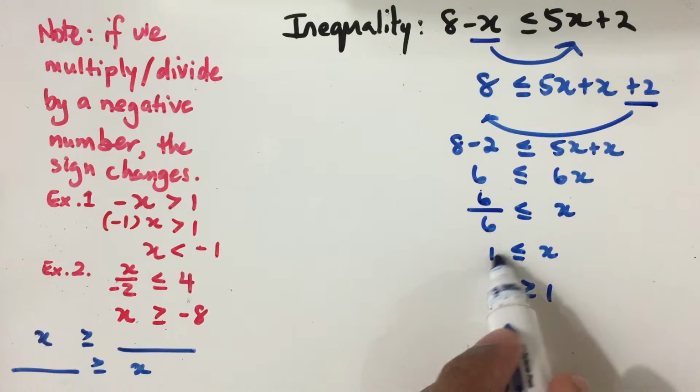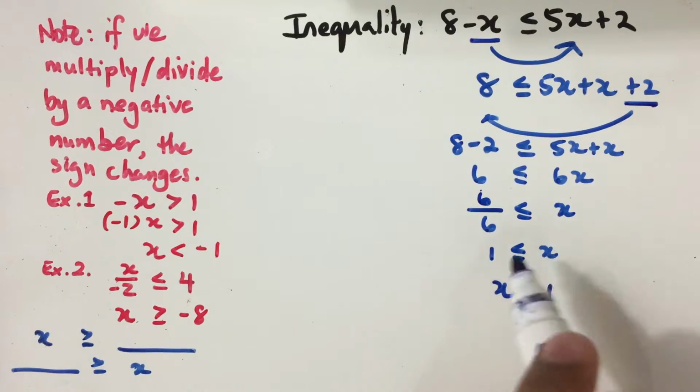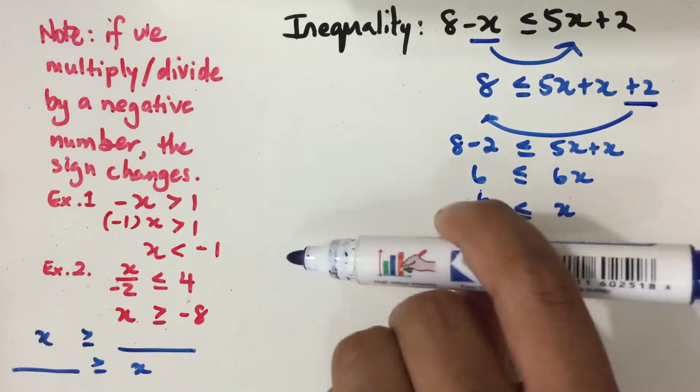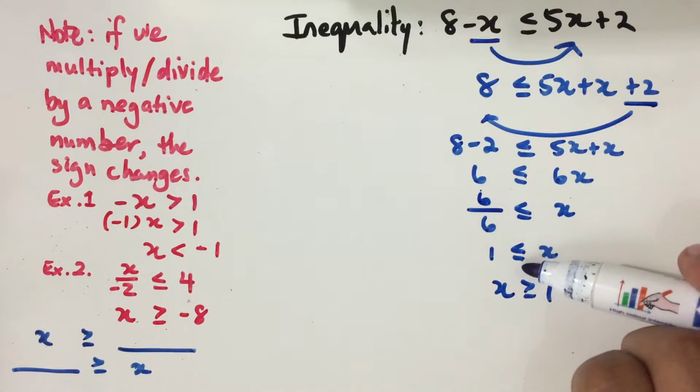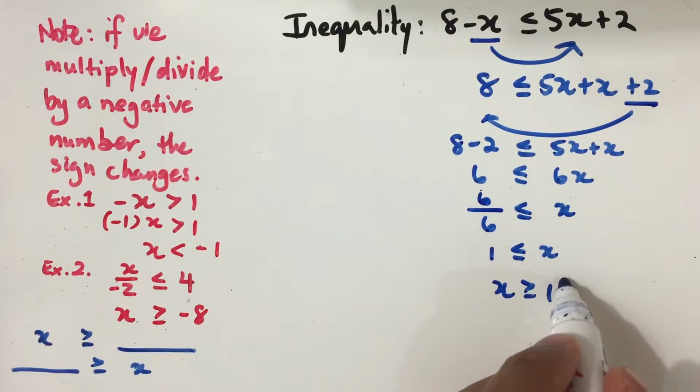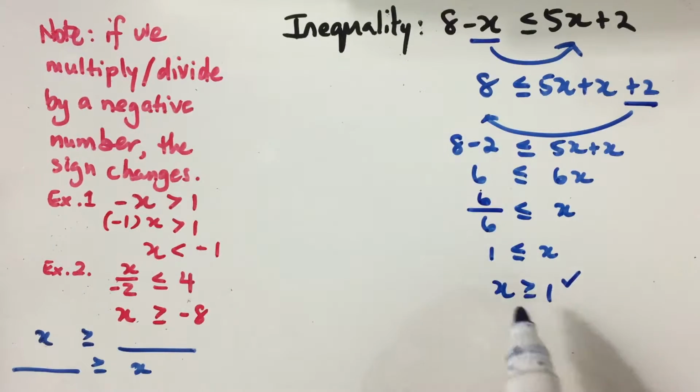Look at this again. This is 1 is less than or equal to x. And if we read it from right to left, this is x is greater than or equal to 1, which is this. It's the same thing. Okay? And this here would be our answer. So x can take on values of 1 or more.